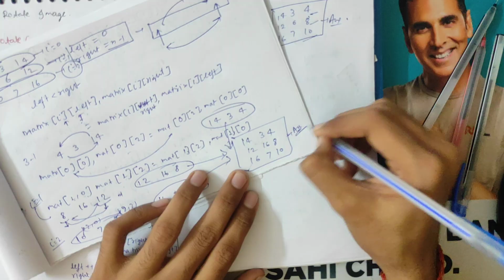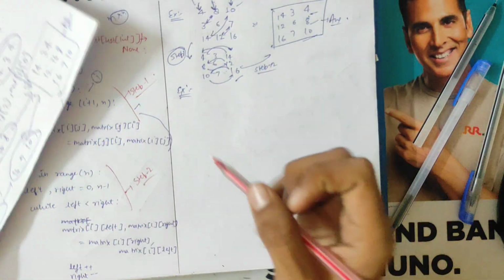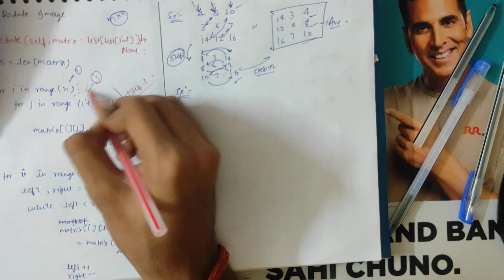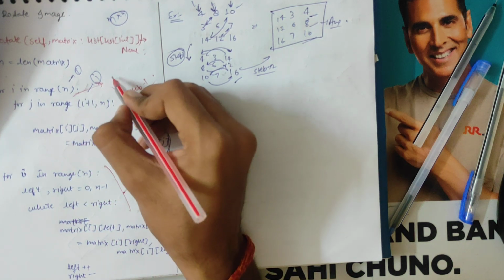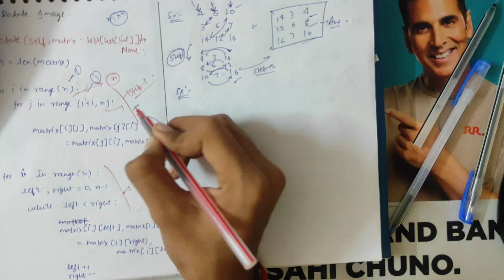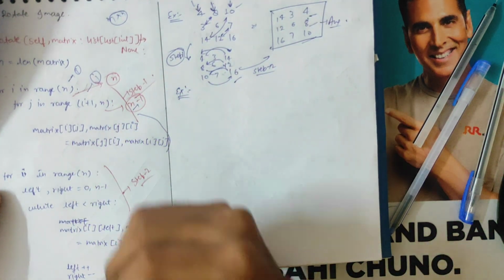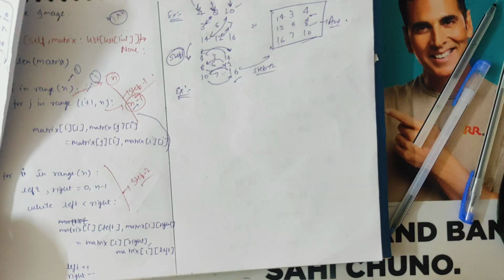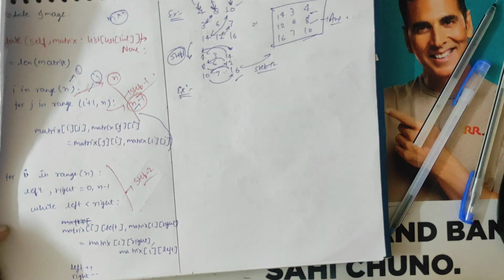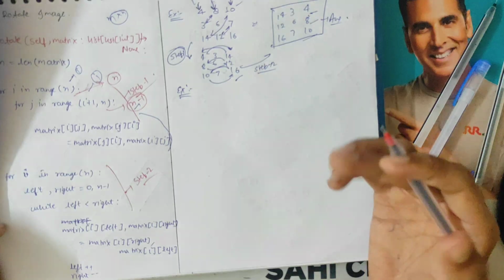And if we talk about the time complexity of this solution, here we are running a loop from i equals 0 to i equals n, so it will be n, and it will be n minus 1, because j starts from i plus 1.